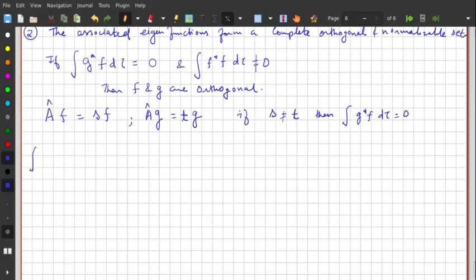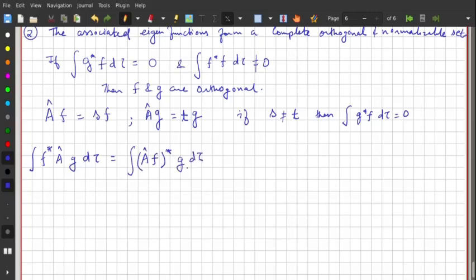So the integral of f star A g d tau is equal to the integral of (A hat f) star g d tau. This can be rewritten by using that A hat g is tg and A hat f is sf.